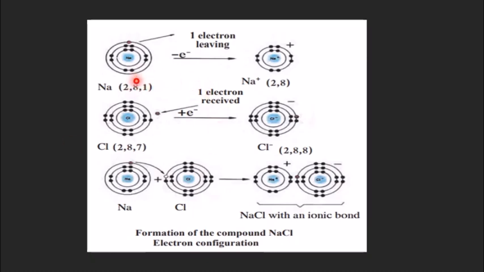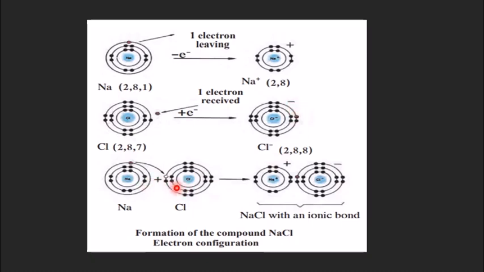Na will lose one electron and become positive, that is Na+. From 2, 8, 1 it becomes 2, 8. Cl, which is 2, 8, 7, has one electron less. So the electron which is lost is received by Cl and it completes its octet and becomes the negative ion, that is anion.